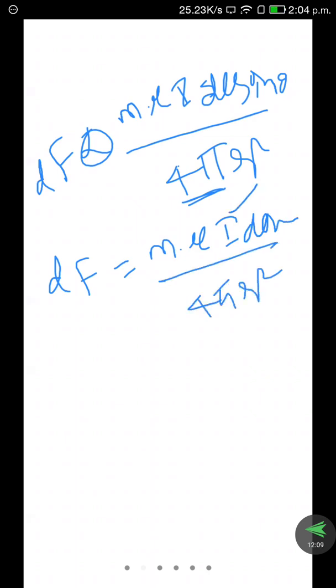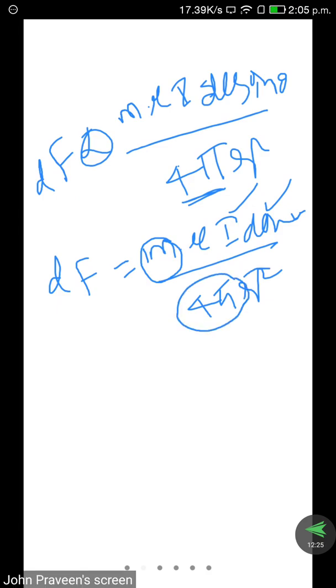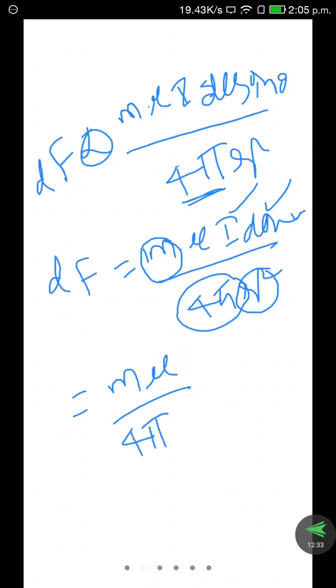So I is not constant, dl is not constant, sin theta is also not constant. What are the constants? The magnetic field strength at point P is constant, the mu value is constant, 4 pi is constant, and the radius is also constant. So we are separating the constants separately. M into mu by 4 pi r square, I into dl sin theta.